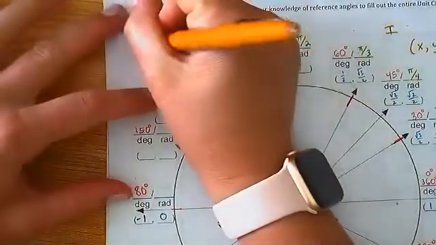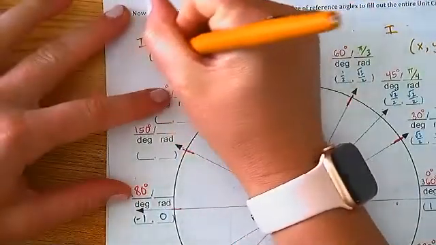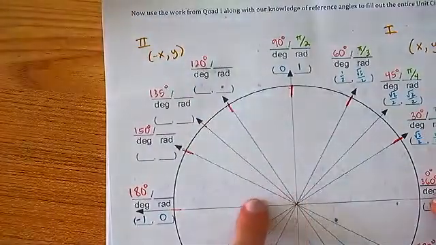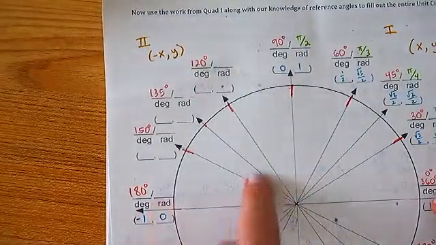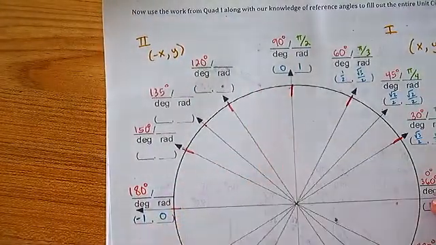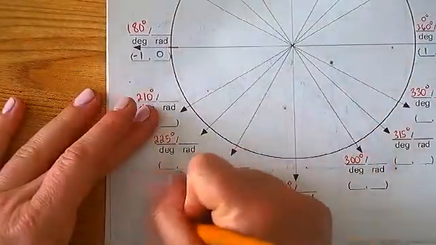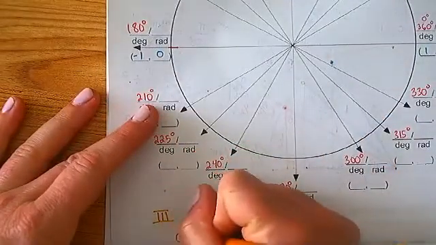In quadrant 2 we get a negative x value and a positive y, because in quadrant 2, we go to the left, which is negative x's, and then up, which is positive y's. And then quadrant 3 is negative x, negative y.